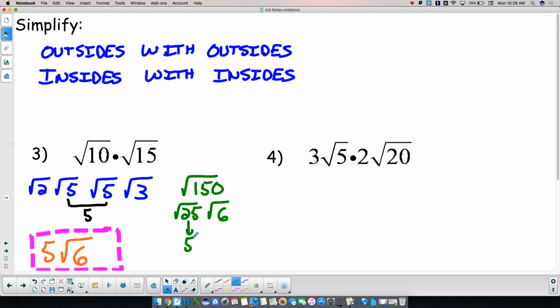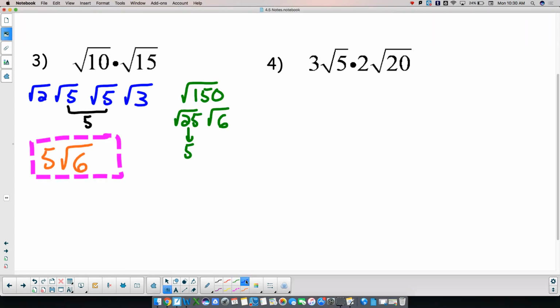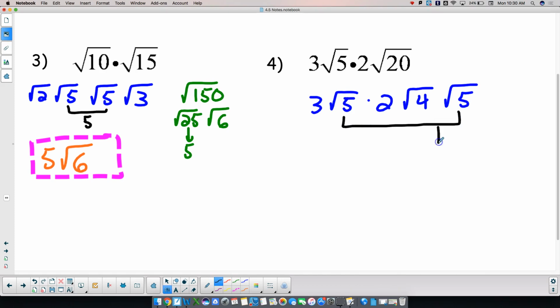I'd like you to simplify number 4. So we've got 3 times the square root of 5 times 2 times the square root of 20, which is the square root of 4 times the square root of 5. So these two combine to give me 5.